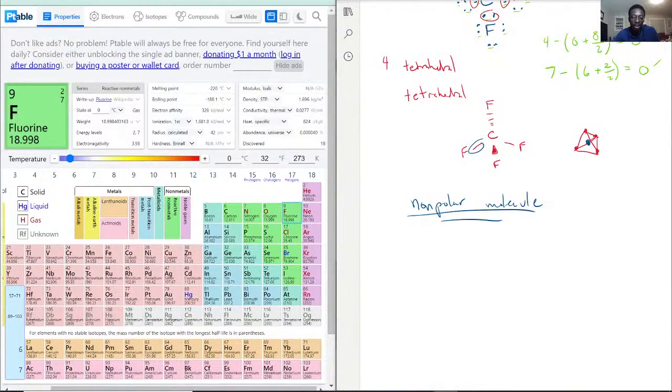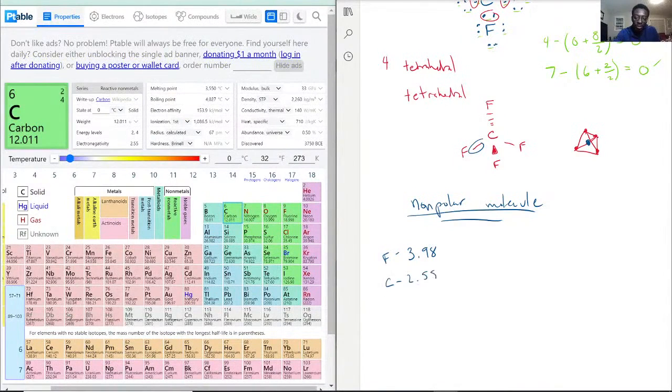So fluorine is quite electronegative. It has 3.98 for its electronegativity. That's fluorine. Carbon is a lot less. It has 2.55. So if we subtract these, 3.98 minus 2.55, the difference, which is 1.43, tells us what type of bond it is, whether it's polar or non-polar.